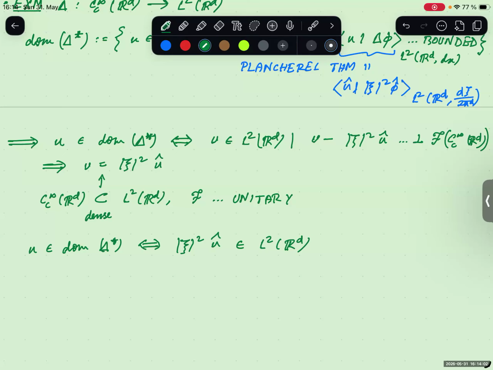In other words, this is the same as saying that the domain of the Laplacian is H2 of Rd.